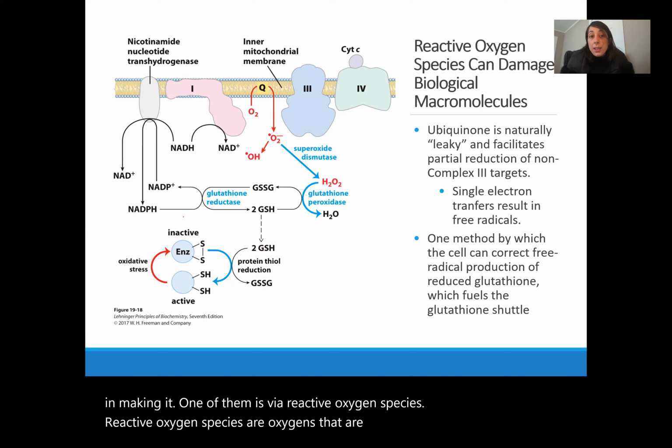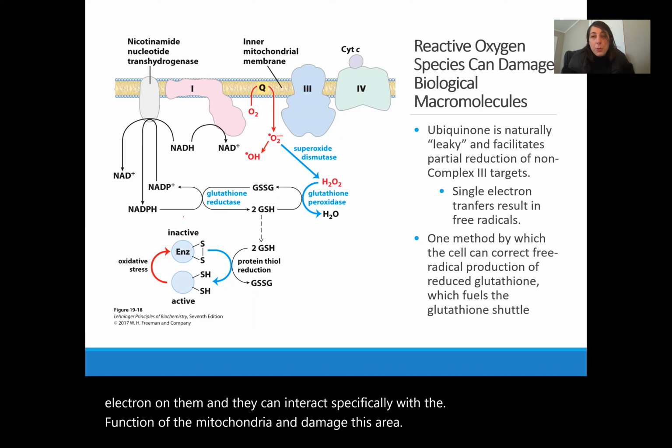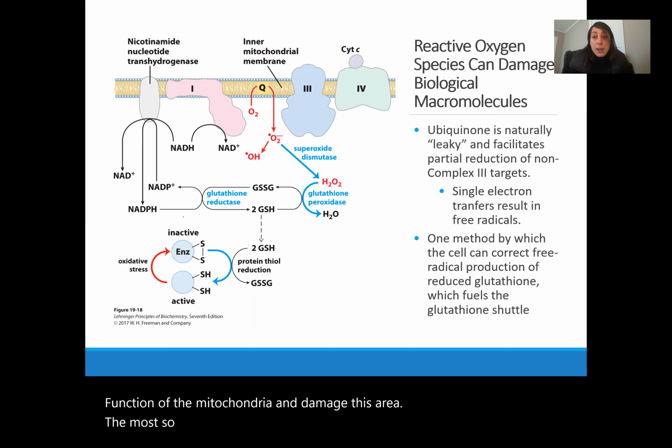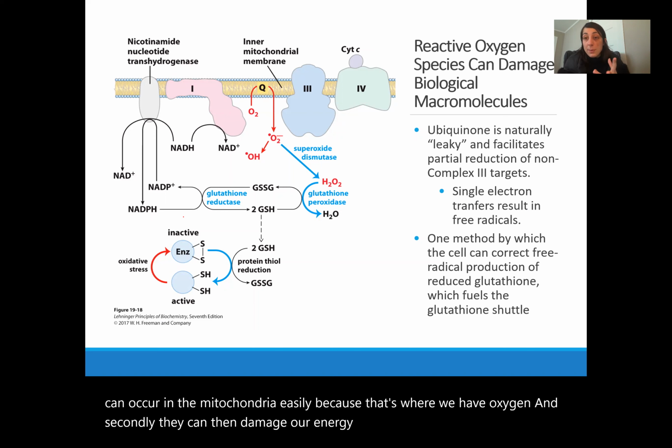They hold a radicalized electron on them, and they can interact specifically with the function of the mitochondria and damage this area the most. The reason these reactive oxygen species are dangerous is that they can occur in the mitochondria easily because that's where we have oxygen. And secondly, they can then damage our energy production by damaging the mitochondria.